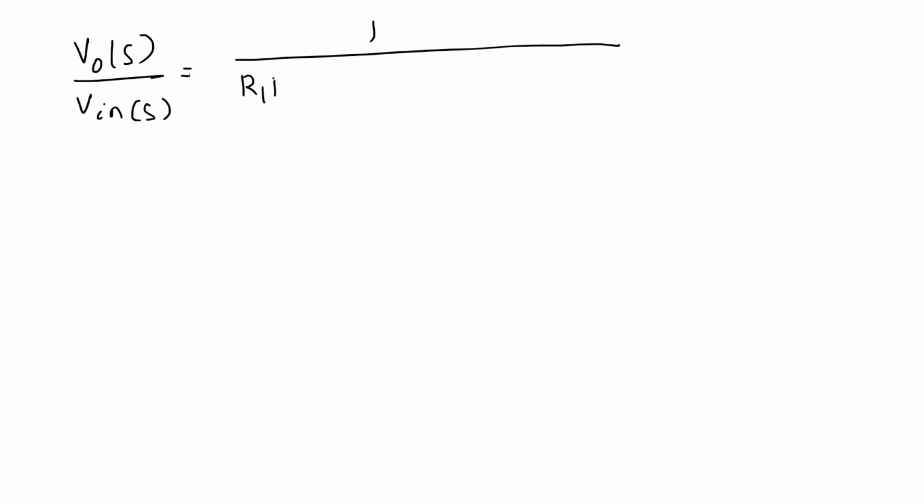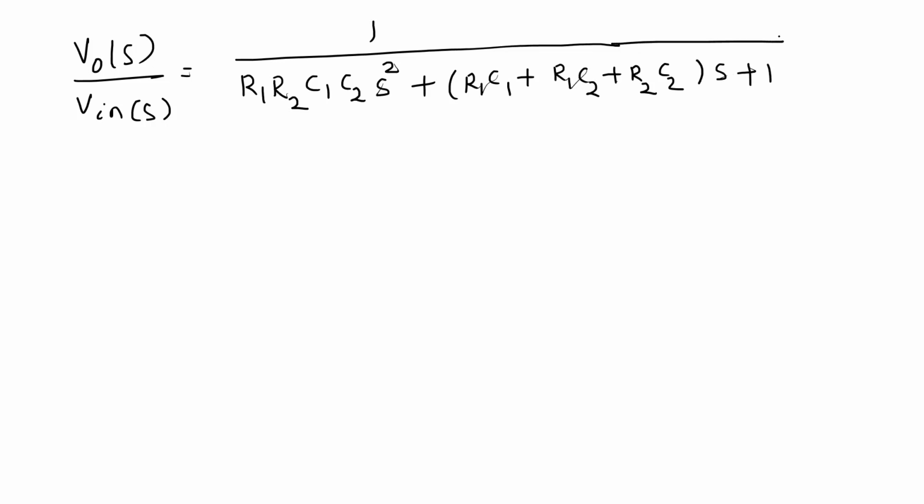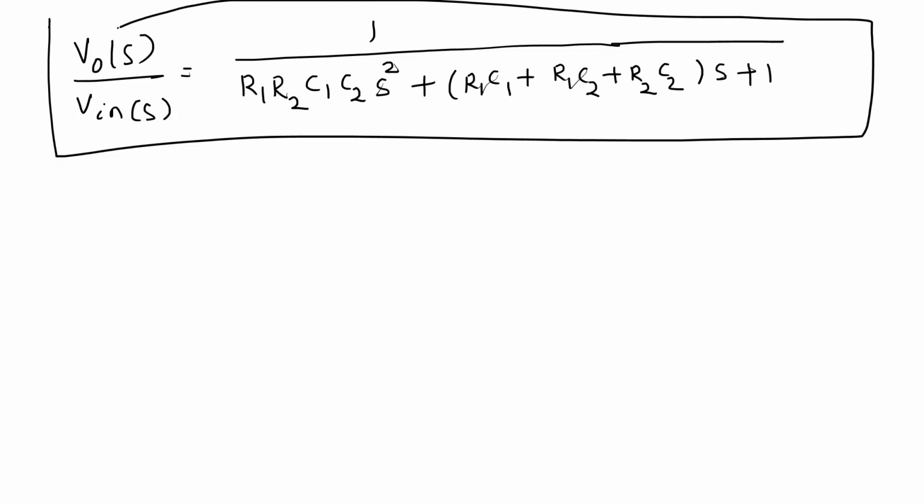So R1 R2 C1 C2 into S square plus R1 C1 plus R1 C2 plus R2 C1 R2 C2 into S plus 1. So this is the final expression. You solve it, you can find it. Okay, it's very important from any competitive exam point of view.